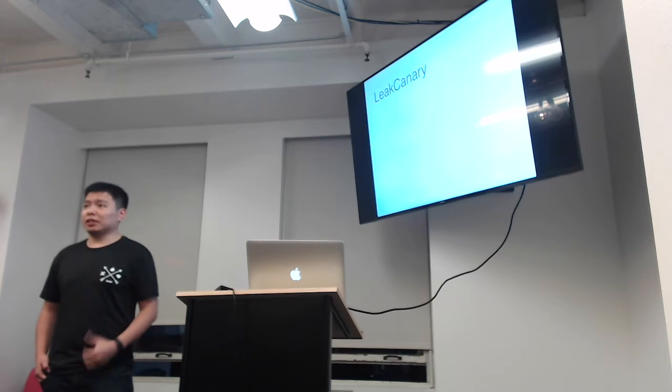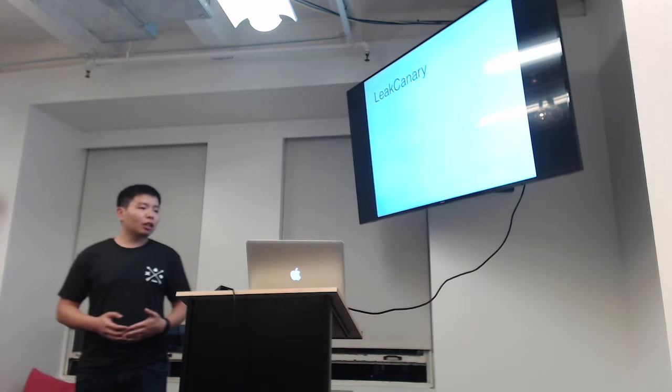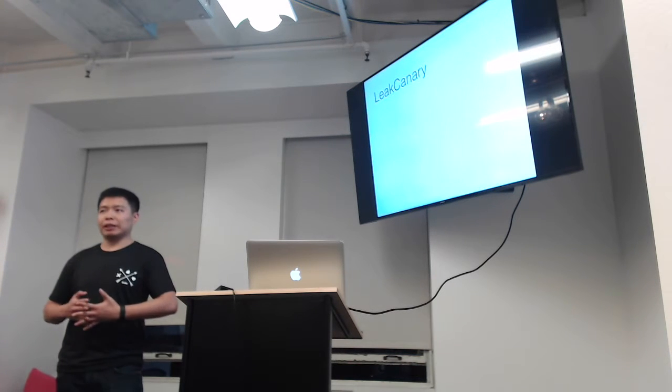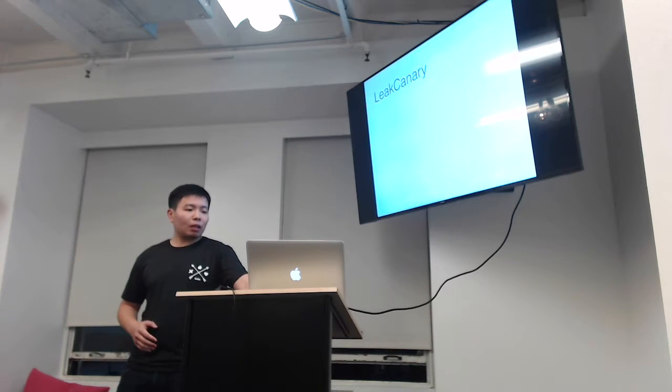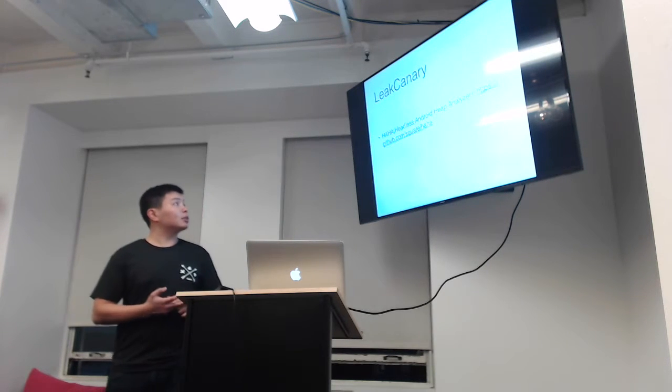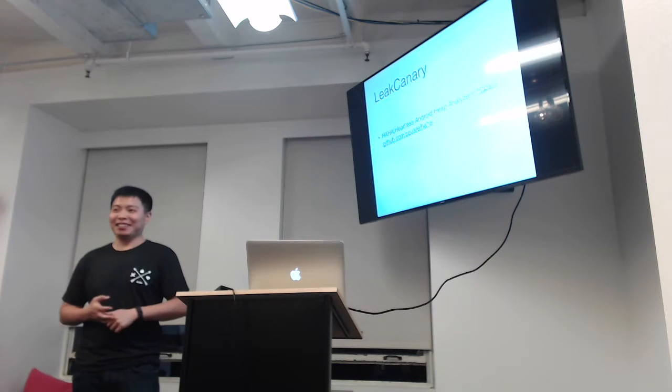But that sounds really tedious, right? It's very manual work. So there's a guy from Square who created this tool called LeakCanary, which basically automates that process for you. The first tool used internally is called Haha, which is a headless Android heap analyzer. It's a really cool name.